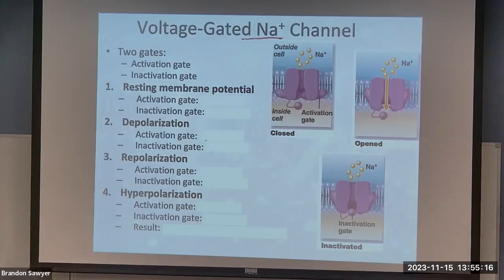Work through this with the people on your team. So really just saying open or closed on all of those.